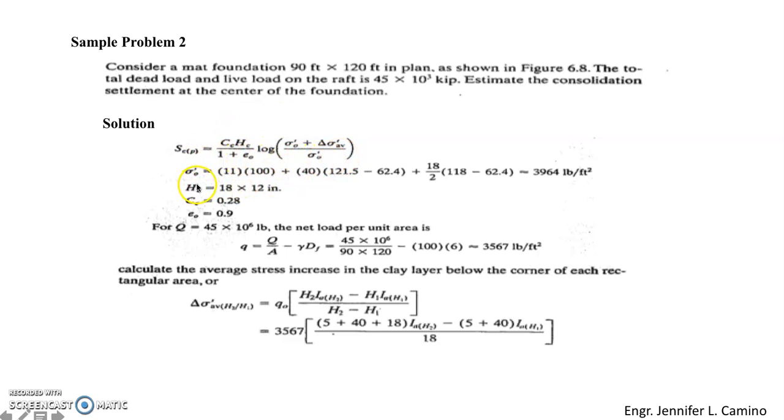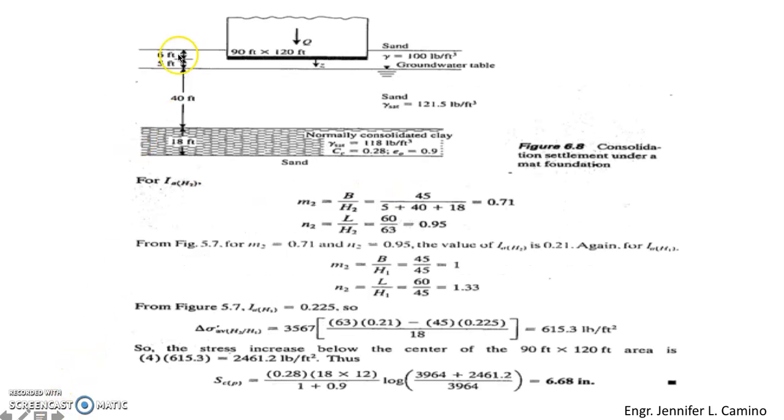So you have to obtain our effective stress. And of course, all of this are the concepts of soil mechanics. Effective stress from here is 6 plus 5 times the unit weight plus 40 times the unit weight.